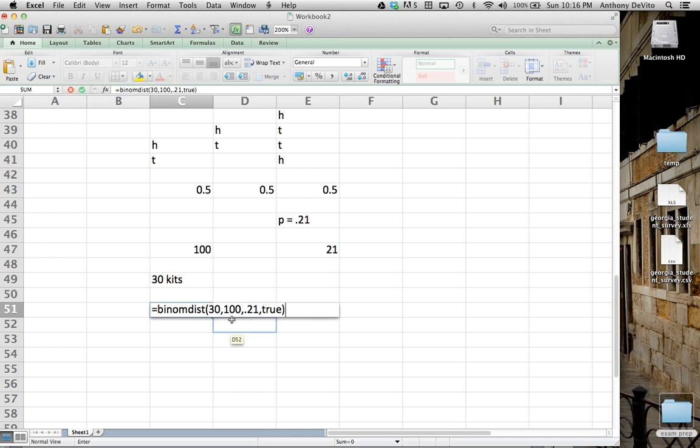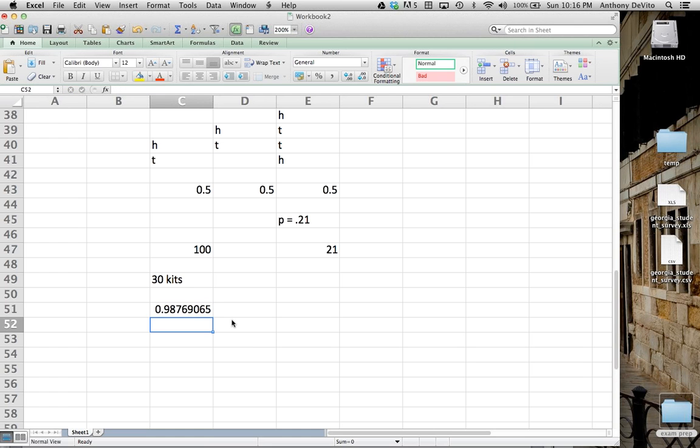The probability that we'll get 30, 29, 28, 27, 26, and so on down to 2, 1, or 0 out of 100 patients that have high blood pressure is 98.7%. So what's the probability that you'll get more than 30? Well, it's equal to 1 minus that 98.7%.